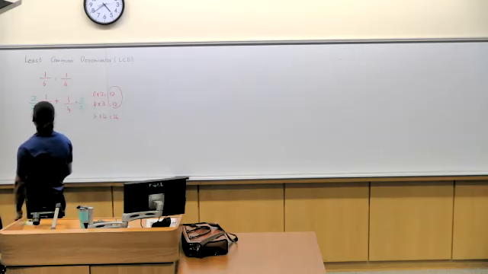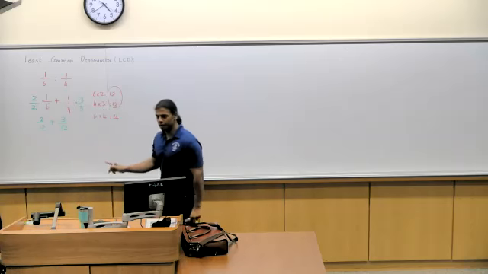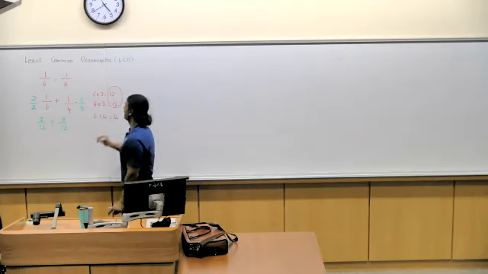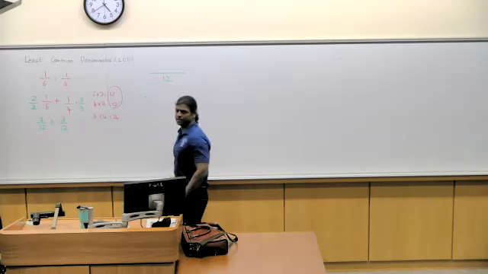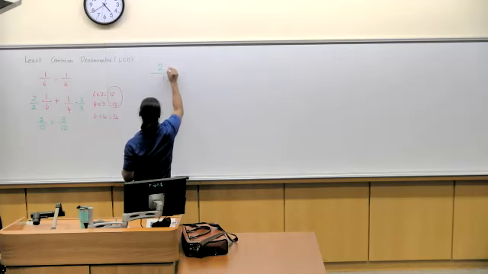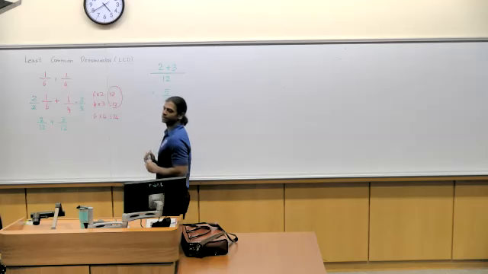So 2/12 plus 3/12. Do I have a common denominator now? Yes. If we have a common denominator, we can simply put 12 and add the numerators. 2 plus 3 is 5, so the answer is 5 divided by 12.